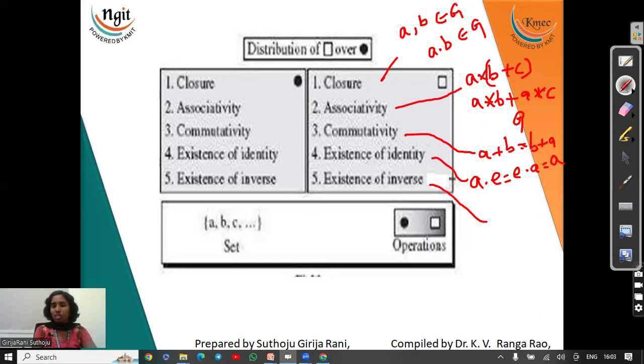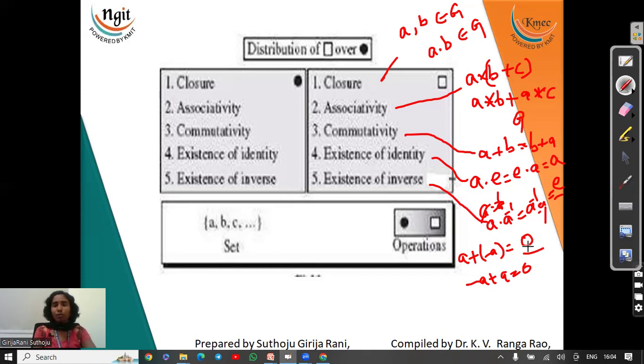Inverse: A into A dash equals A dash into A, which will be equal to some value that is either 0 or 1. If it is a plus operation, A plus minus A is obviously 0. Similarly, minus A plus A is equal to 0. If it is A into 1 by A, that is 1. So here the output is 1, here the output is 0.